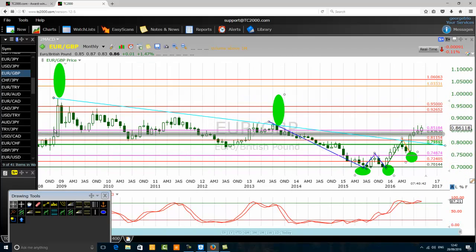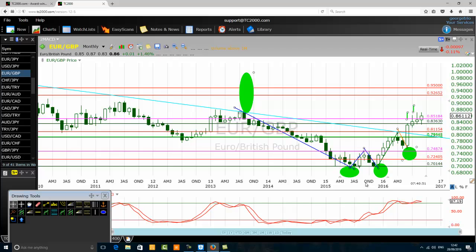So with that information, we can say that the bearish momentum that was in place since 2009 is evaporating, is dissipating, is weakening, okay? Therefore, we can start counting waves, okay? So at the end of a downtrend, especially when we see a double bottom chart pattern like this, all right?